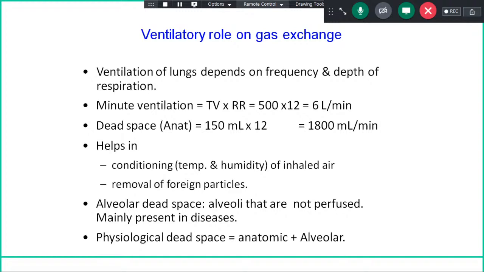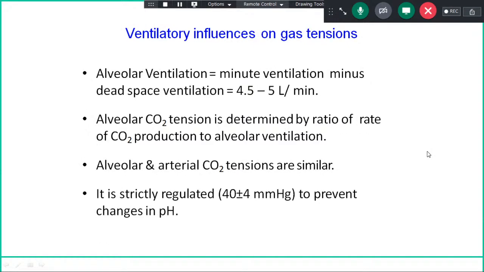the gaseous exchange. So alveolar dead space will include only those alveoli which are not perfused, which are present in various diseases or conditions or pathologies, and the total physiological dead space or functional dead space is alveolar plus anatomical.